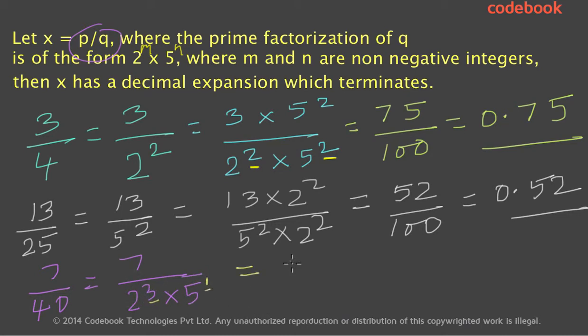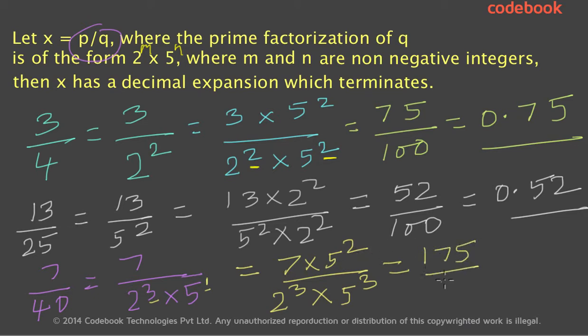So just to make the math easy, let's multiply the numerator and denominator with 5 square. When you do that, the denominator now becomes 5 power 1 times 5 square, which is 5 cube. On the numerator we have 25 times 7, which is 175, and in the denominator we have 2 cube times 5 cube, which is 10 cube, which is 1000. So this is 0.175, another rational number with a terminating decimal.